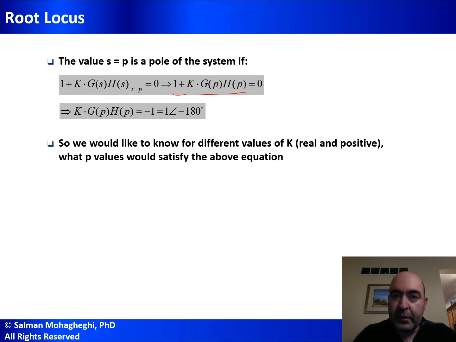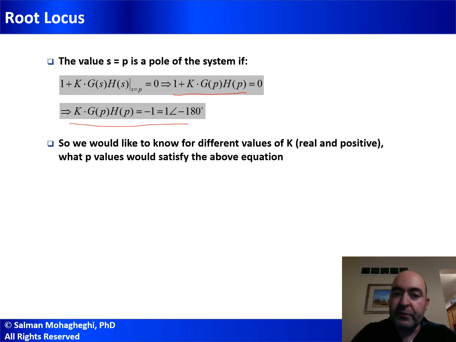And -1, as you know, I can rewrite it as a vector with magnitude of 1 and angle of -180 or +180. Both of them indicate the same thing. So what we would like to know is, for different values of K, what p-values would satisfy this particular equation. Any p-value that would satisfy this equation would be a pole of the system.